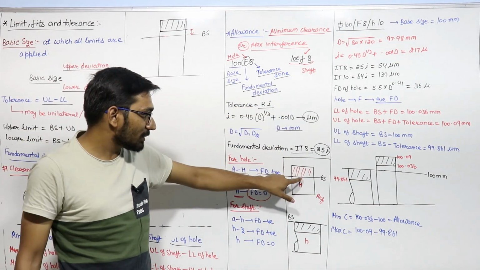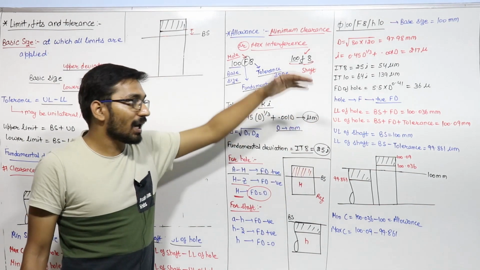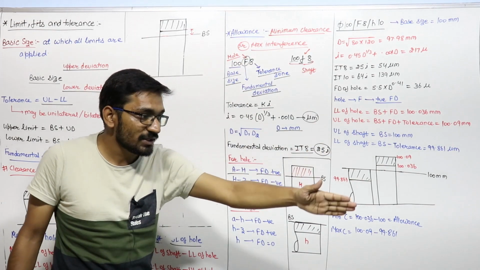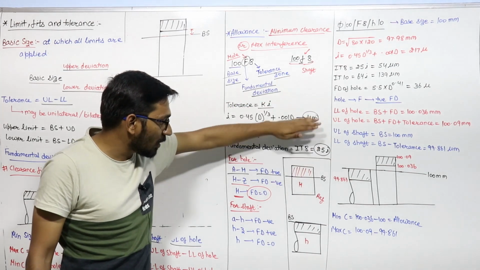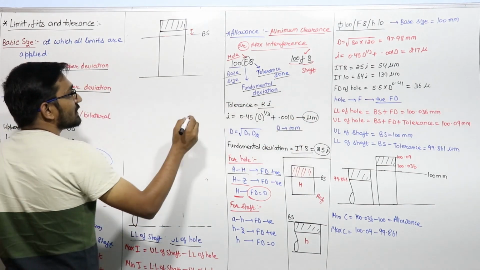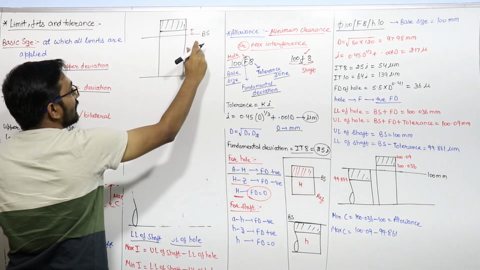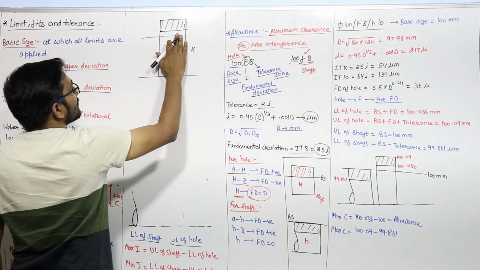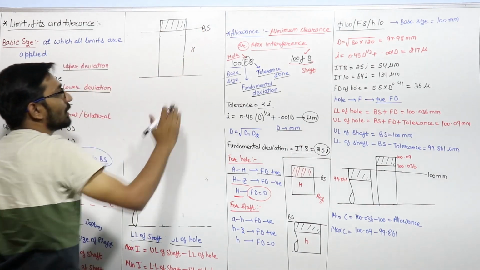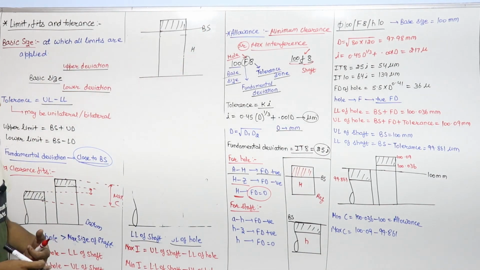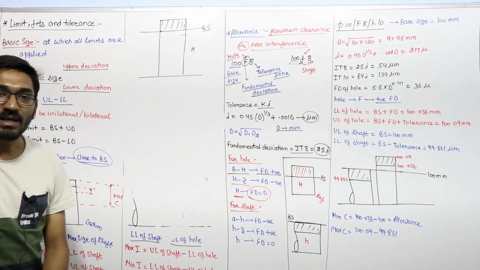So that's why this lower limit is coinciding with the basic size. आपके होल में क्या हो रहा है, होल के अंदर आपका फंडामेंटल डेविएशन पॉजिटिव से 0 हो रहा है, 0 से नेगेटिव हो रहा है। सो ए से शुरू हुआ होगा, ऊपर से शुरू होते होते जब आप एच पर आएंगे, दिस वन इज द बेसिक साइज एच के ऊपर। तो इसीलिए आप अगर होल की बात करें फॉर फंडामेंटल डेविएशन 0, सो दिस इज द रिप्रेजेंटेशन.